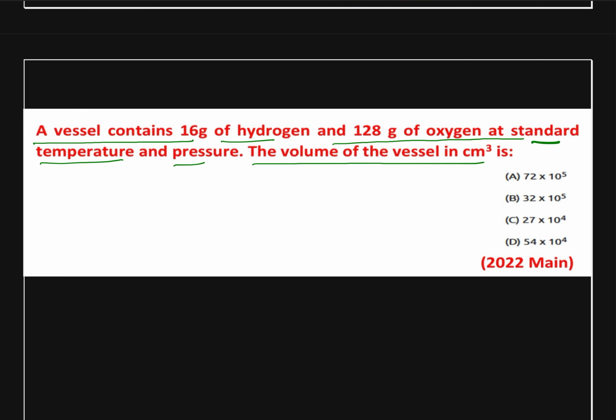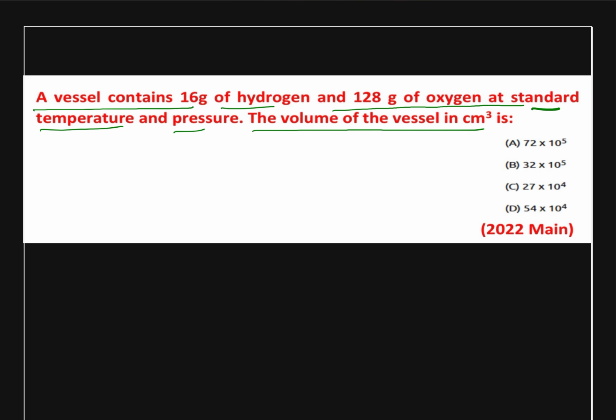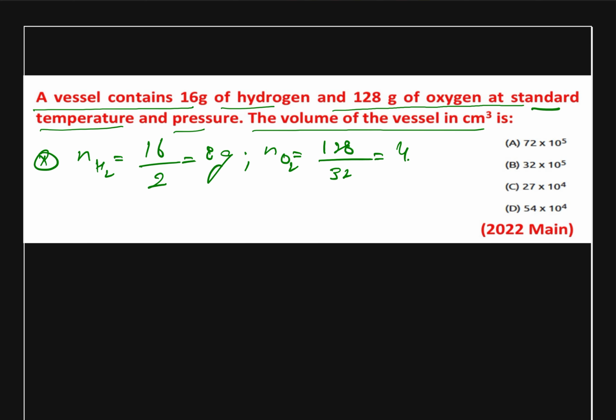Let's find out the number of moles of hydrogen and oxygen. The number of moles of hydrogen will be equal to 16 divided by 2, which is 8, and the number of moles of oxygen will be 128 divided by its molar mass, about 32, which comes as 4.